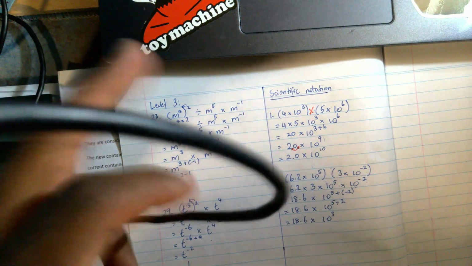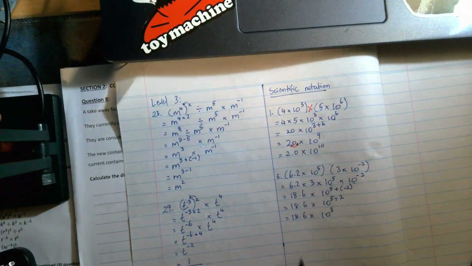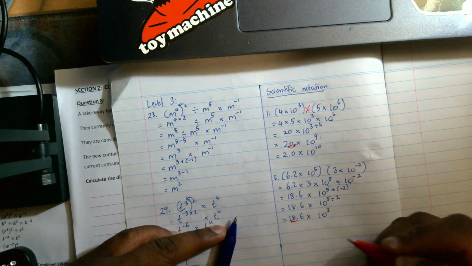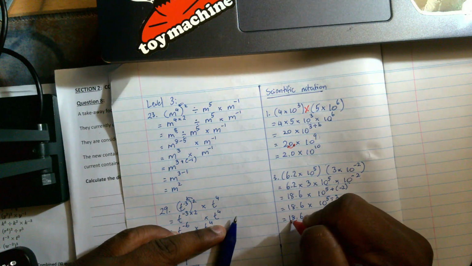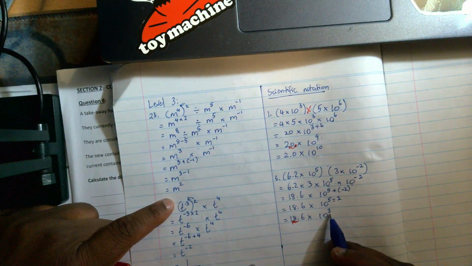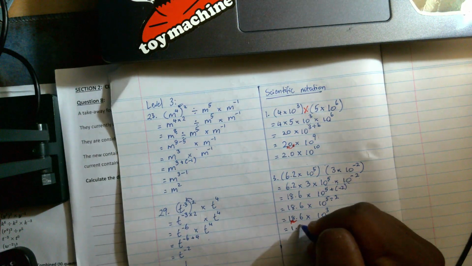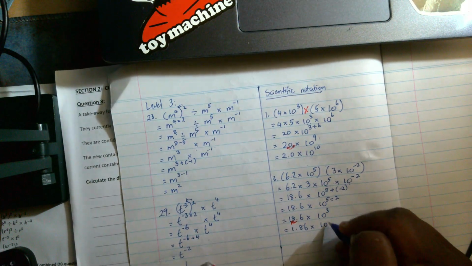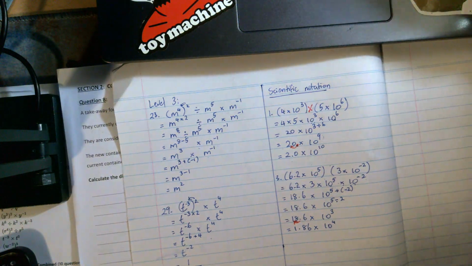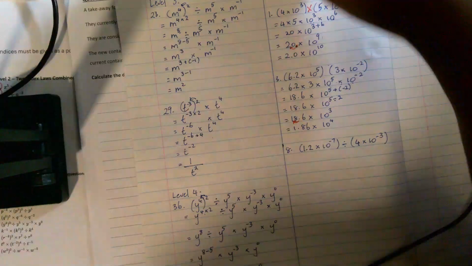Again, we can't have a number greater than 10, so that decimal point I'm going to have to move back by 1. That was a terrible arrow, which means this power on the end, we're going to increase that by 1, so 1.86 times 10 to the 4th. And that's your answer for that one.